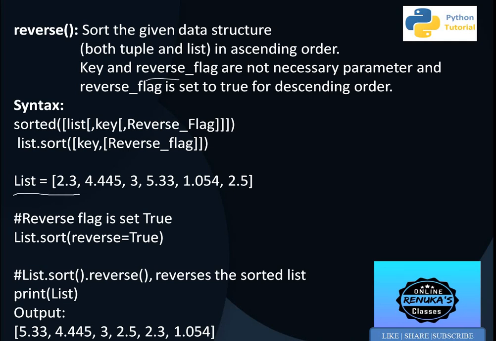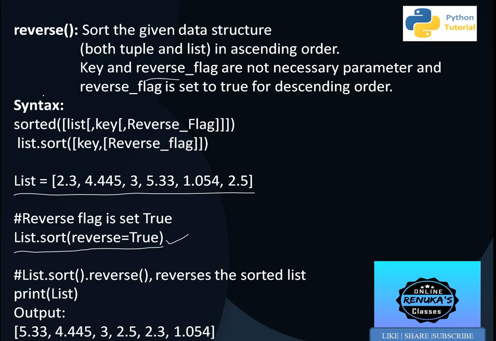For example, the list is 2, 3, 4, 5, 3, these are the elements of the list, and if we say list.sort, and in the brackets we say reverse=True, in that case they will be arranged in descending order. And if we write only list.sort, in that case they will be in ascending order.